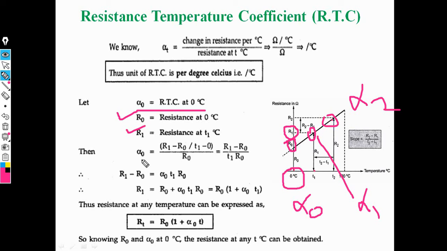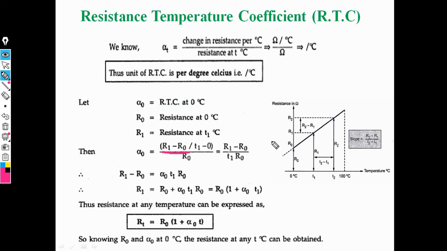Then alpha 0 is equal to the change in resistance per degree Celsius, that is R1 minus R0 per T1 minus 0 upon R0. This value R1, R0 is obtained from this point, and T1 minus T0 we obtain here, and upon the total resistance R0, that is R1 minus R0 per degree temperature, that is T1 minus T0.